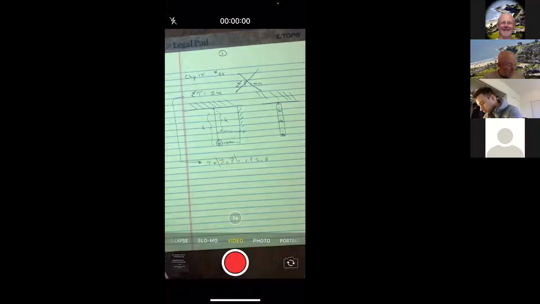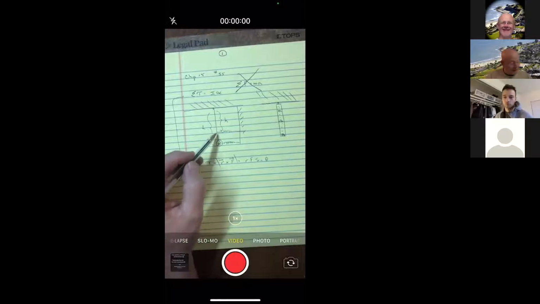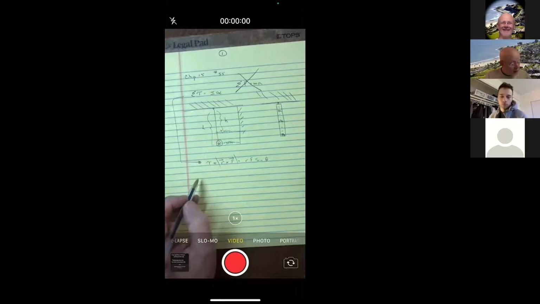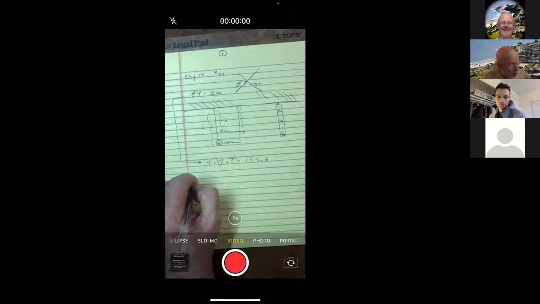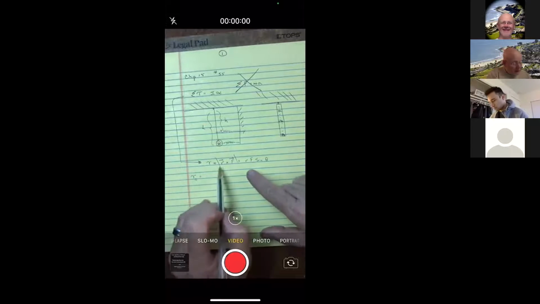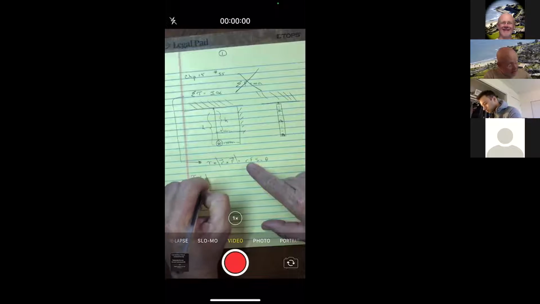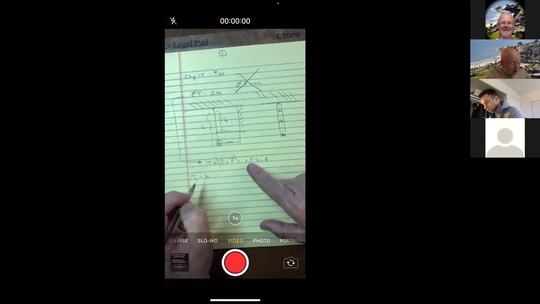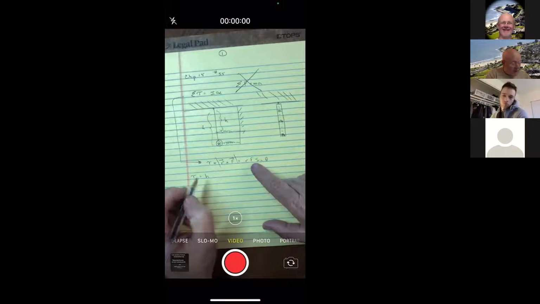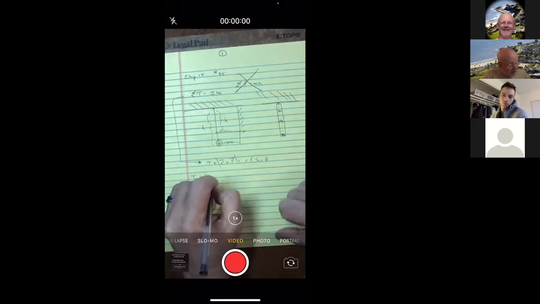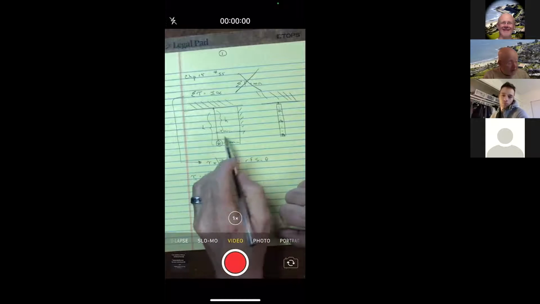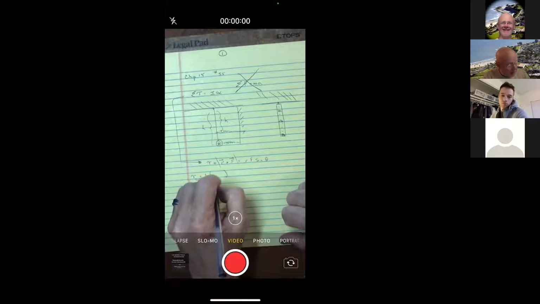So if you come over here and you look at the torque from the spring, the lever arm is a distance h. The force is coming from the spring, so that's minus kx.